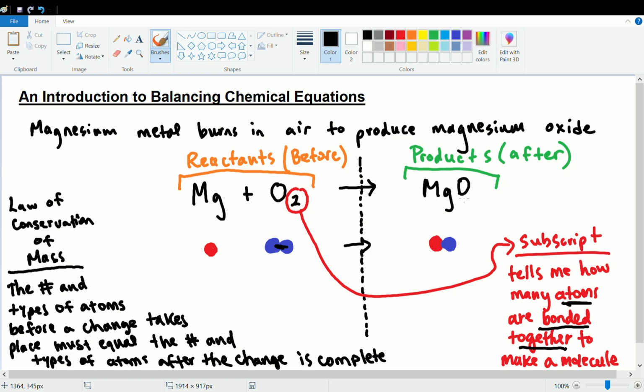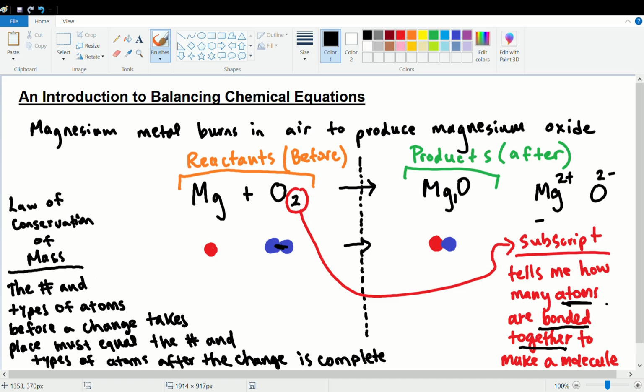In this case, you notice I don't say Mg2, and you also notice I don't say MgO2. Okay, I don't add a 2 there. And the reason I don't do that is because, as we've discussed previously, the magnesium has a charge of positive 2 and the oxygen has a charge of negative 2. And because I want these charges to cancel out when I combine them together, and in this case they do, I only need one of each.